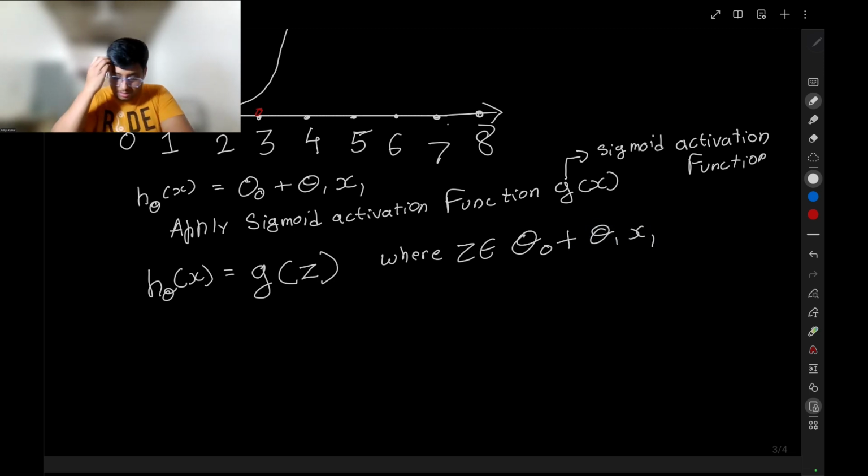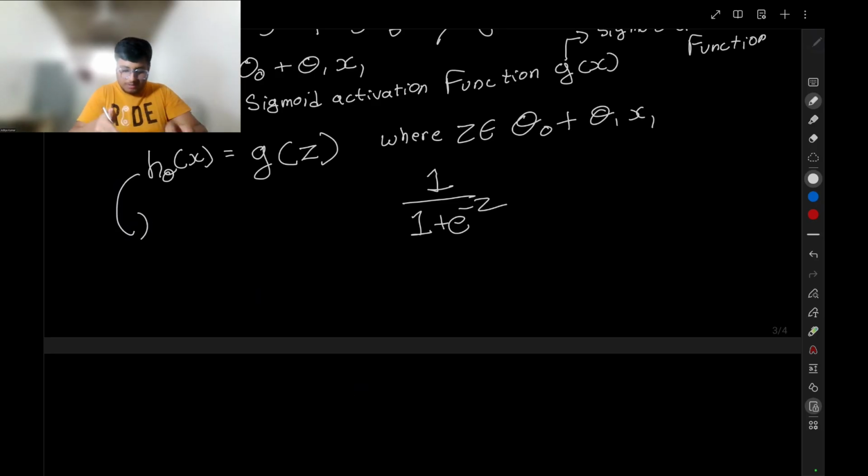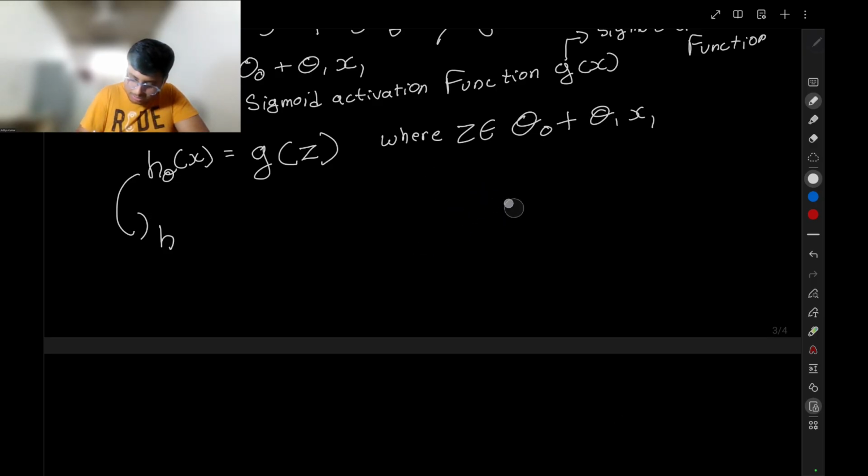Now you might be wondering what the sigmoid activation function is. It is simply 1 upon 1 plus e raised to the power minus z.